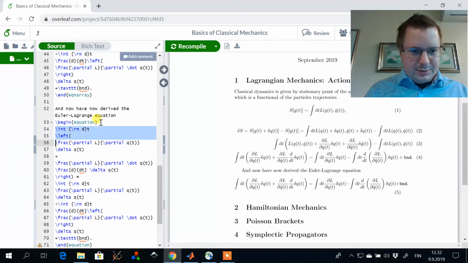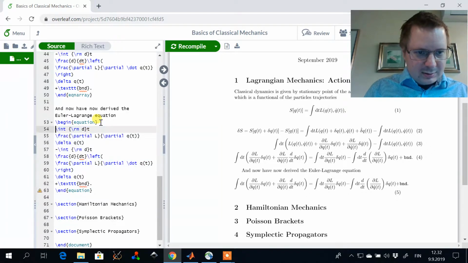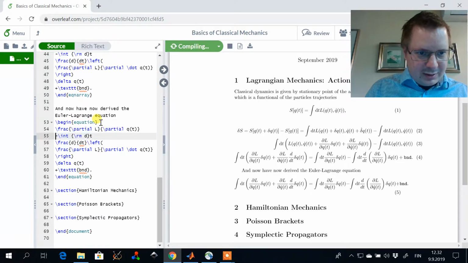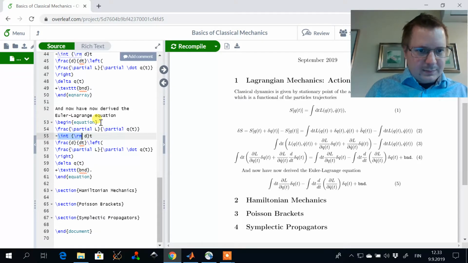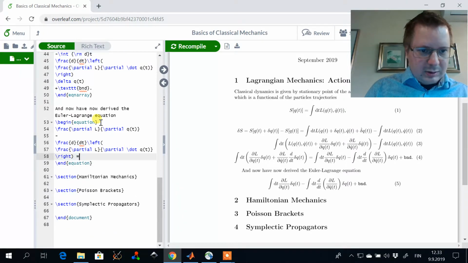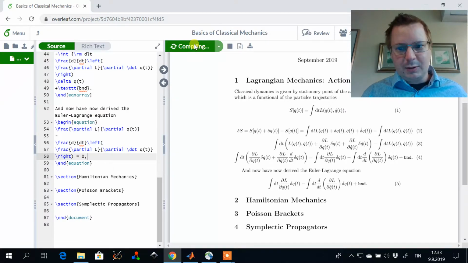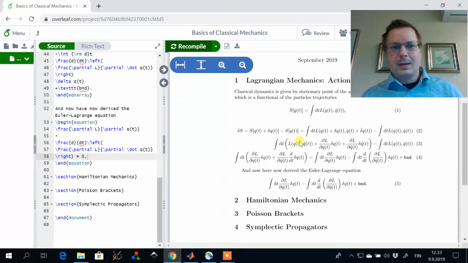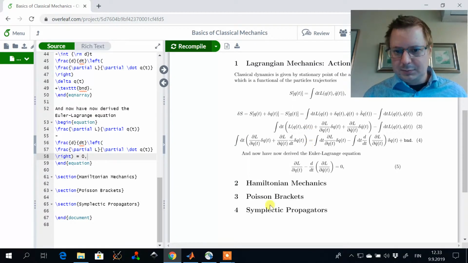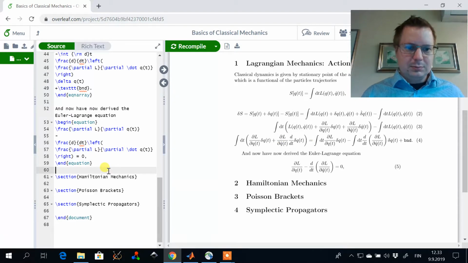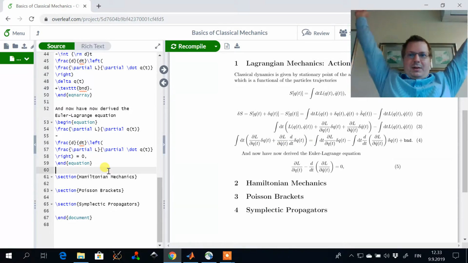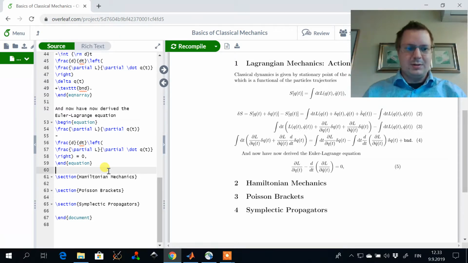I will just make the Lagrange equation here, so we can remove the integration and variation, like so, and this needs to be 0, like so.